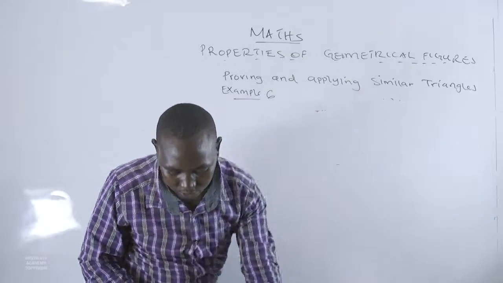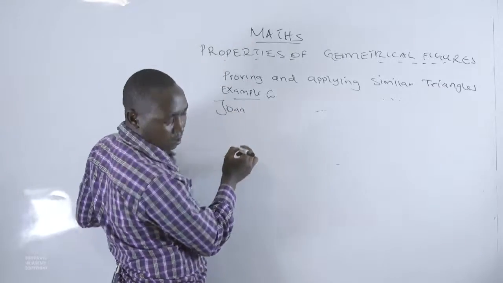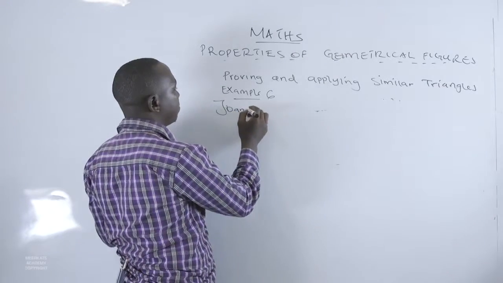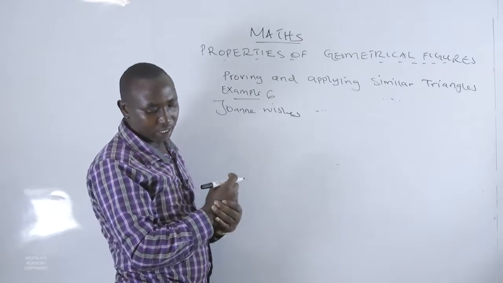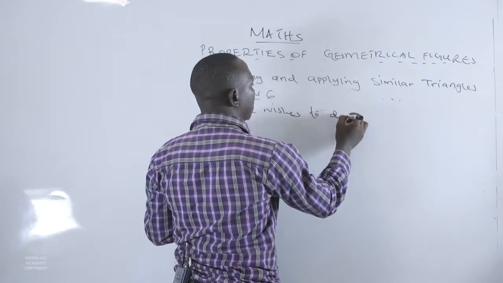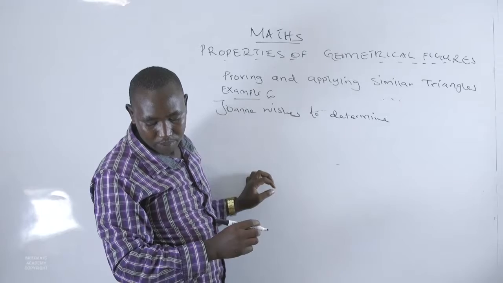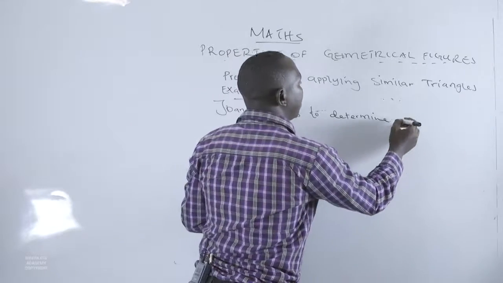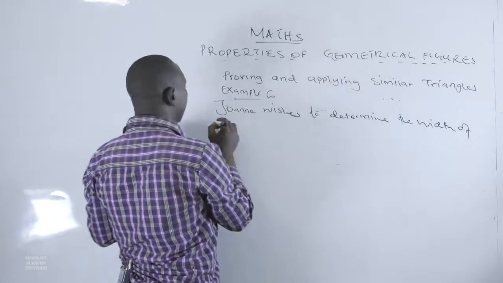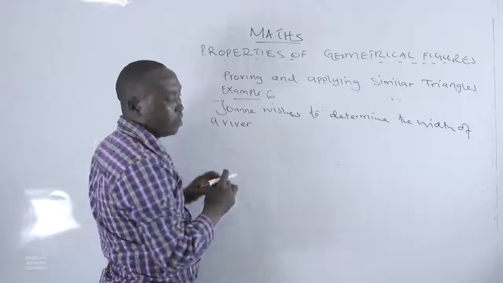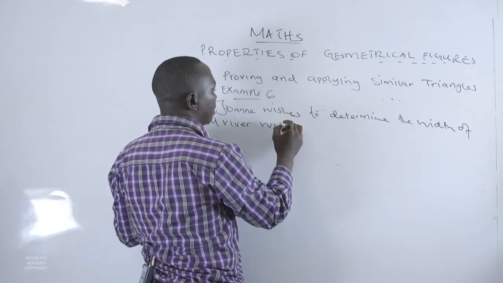Another example, example 6, we are told that Joanne wishes to determine the width of a river without crossing it.